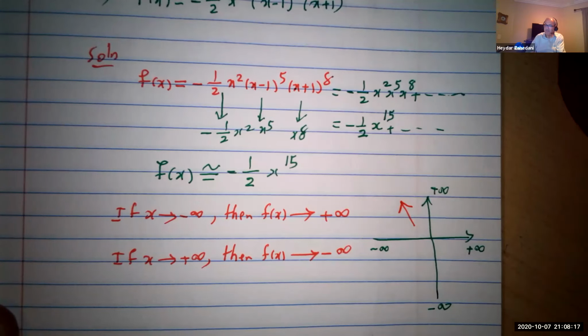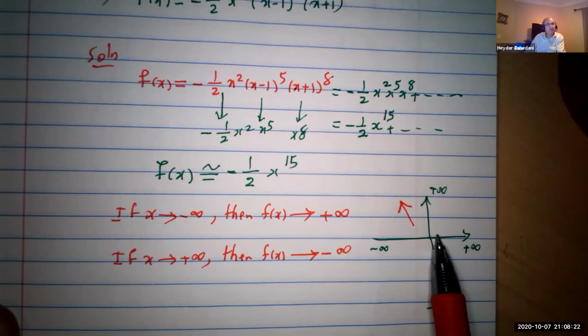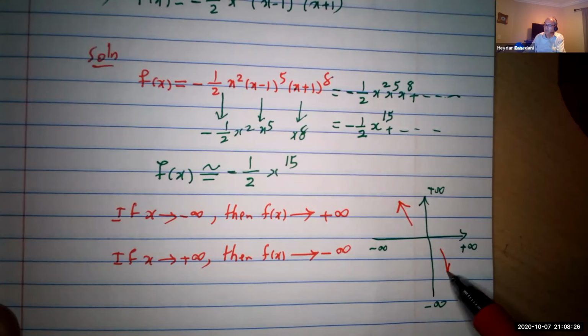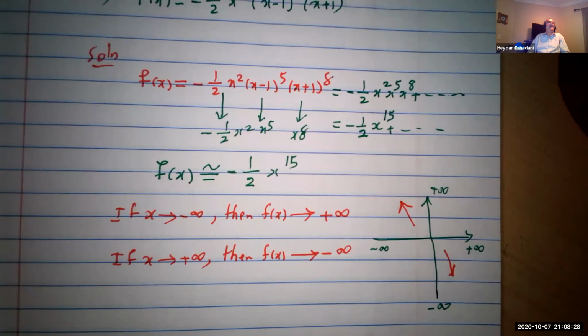Where are we going to end up? Positive, negative, positive, negative. Negative means the function goes down. It's going to be going down. Again, in the meantime, you can go up and down, but eventually this is the situation that you're going to have.